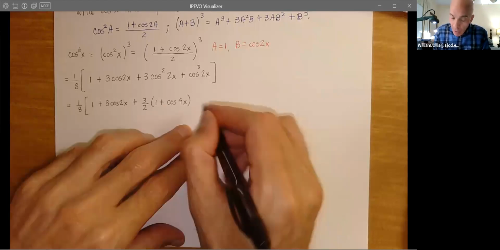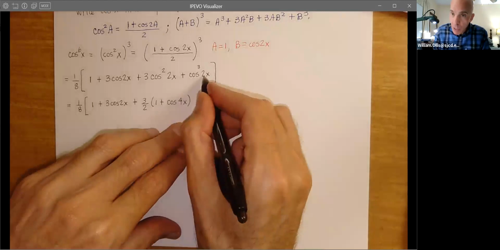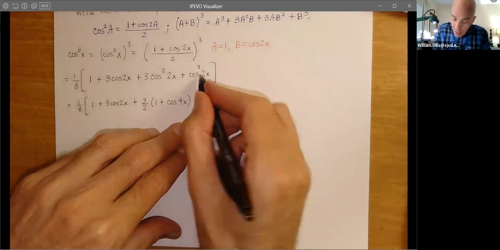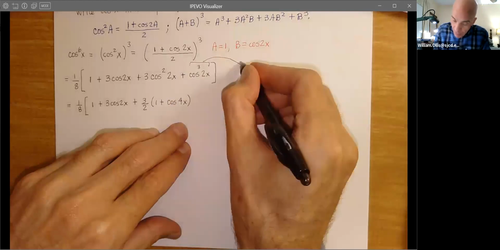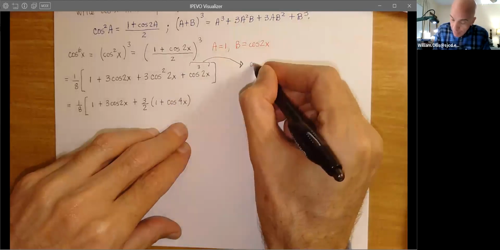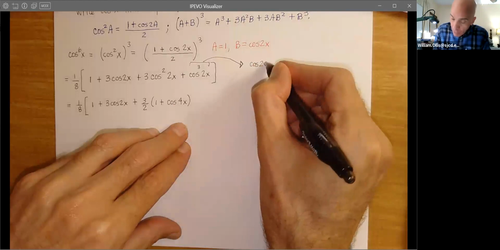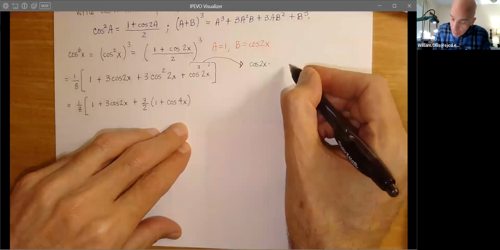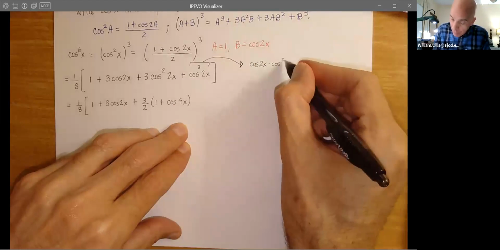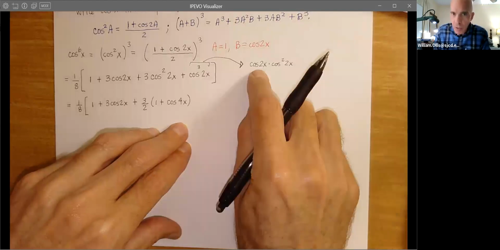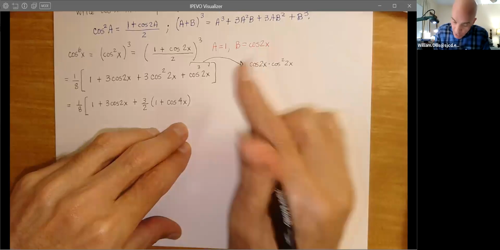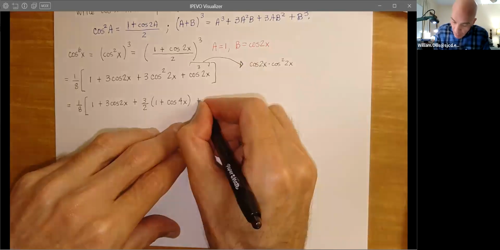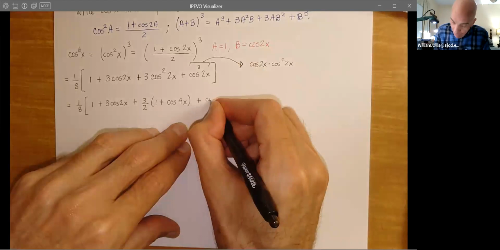So now we've got cosine times cosine squared. Just a little sidebar: this is just cosine of 2x, I put a little dot there for emphasis, times the square. Okay, so that's good. It's a first power, but that's not a first power, so we need to reduce that. So this will give us plus cosine 2x.